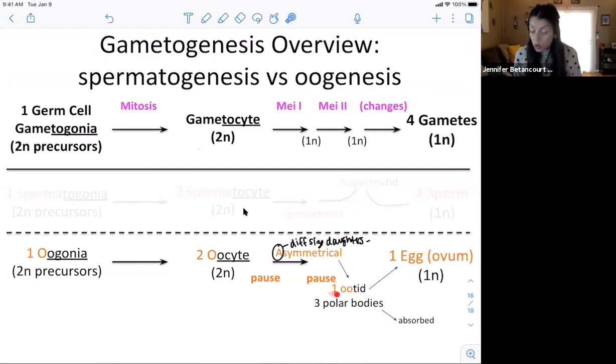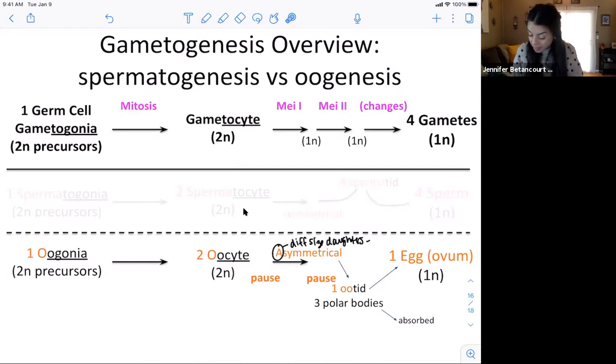So you have one ootid and 3 polar bodies. Only this ootid becomes a viable egg called an ovum. Only one. Every time an oocyte undergoes meiosis, yes, it makes 4 gametes, but only one of them can be fertilized. The other 3 get absorbed by the body.